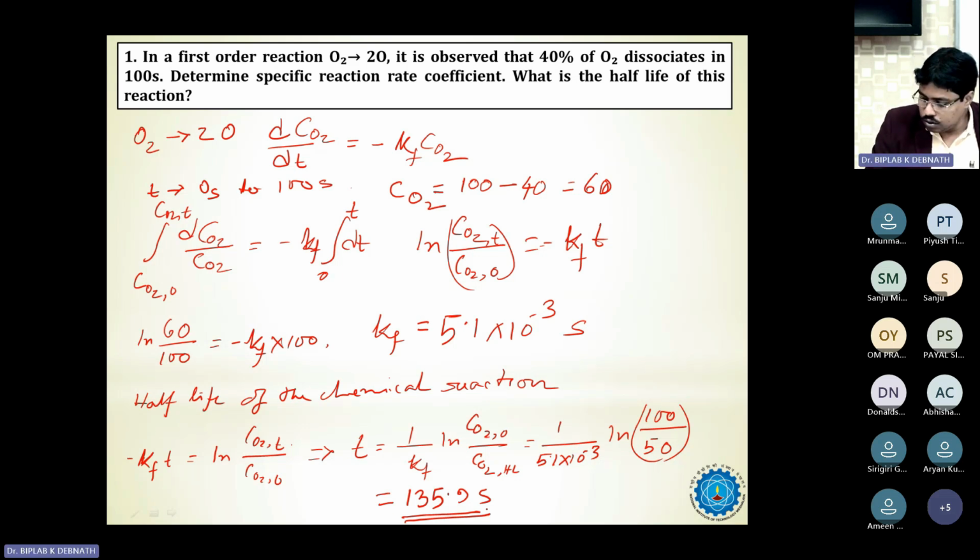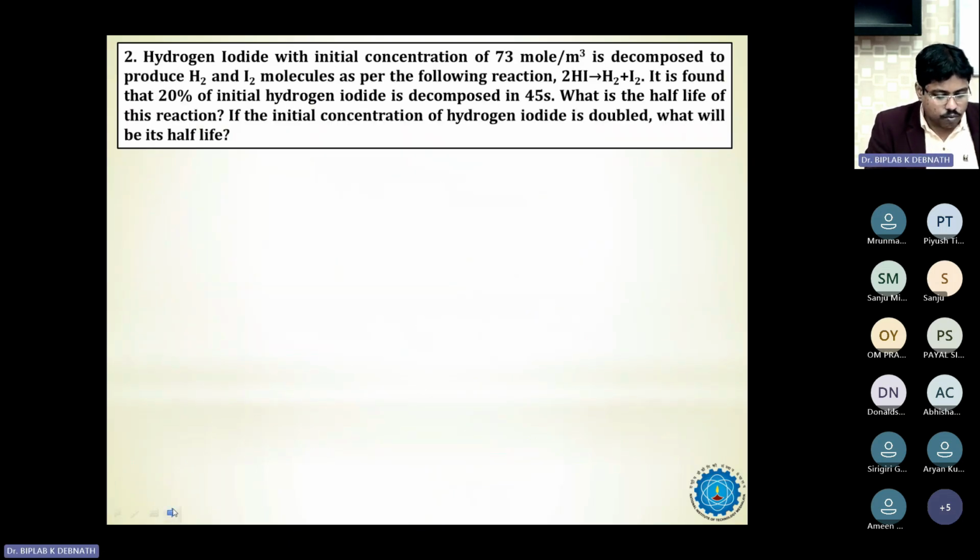Okay, so this is the first problem. Let us go to the second problem. So in the second problem, what is told? It is told that hydrogen iodide with initial concentration of 73 mole per meter cube is decomposed to produce H2 and I2 molecules.